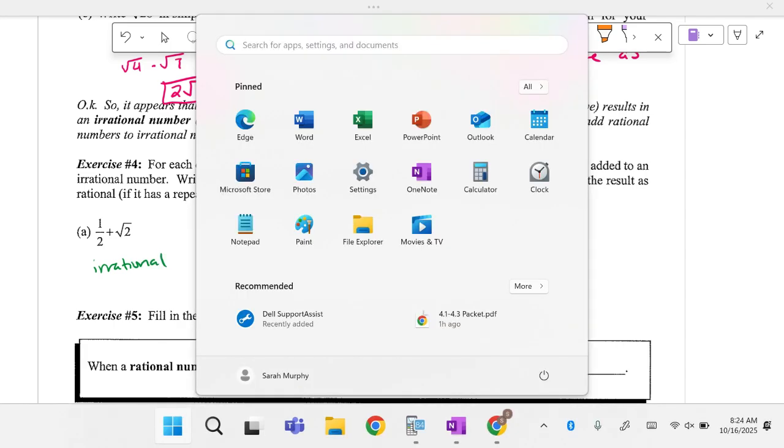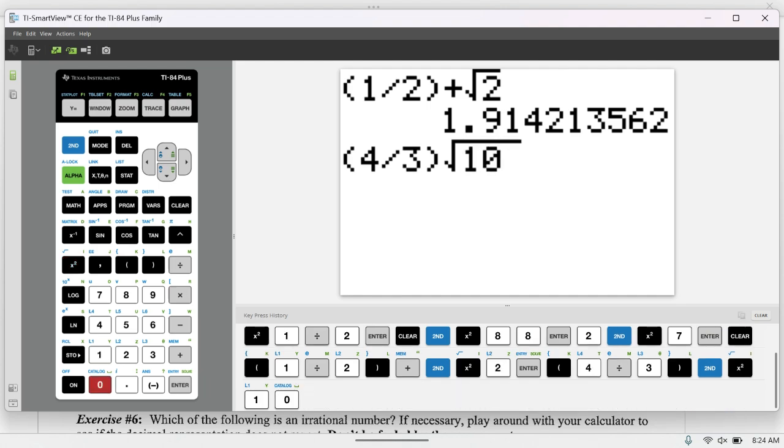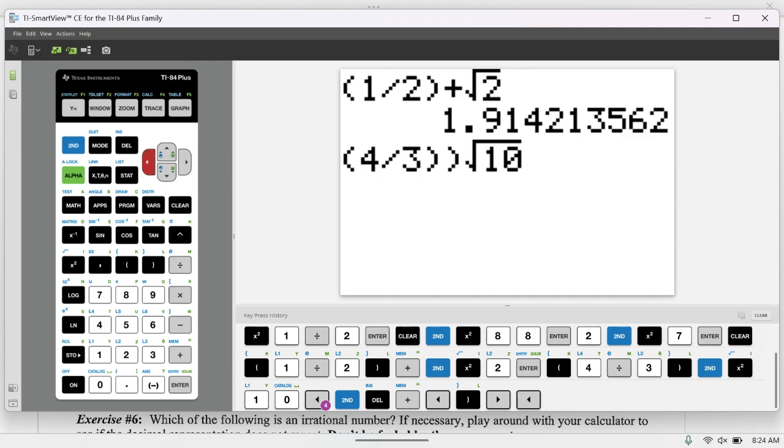All right, let's look at the second one. So 4/3 plus square root of 10. All right, so just take a guess.